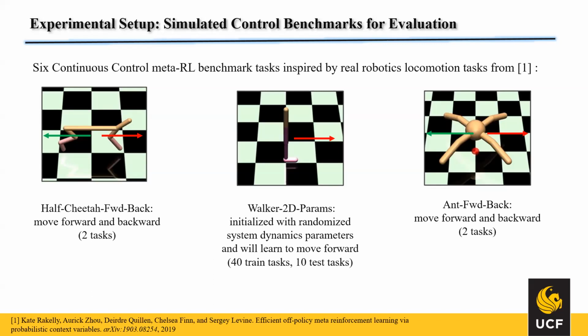Hello, everyone. So I'll discuss the experimental setup. Let us first get familiar with the benchmarks that were used. This paper considers 6 benchmarks, namely the half cheetah forward back, Walker 2D param, and forward back.